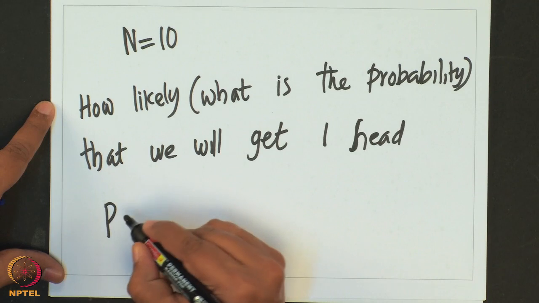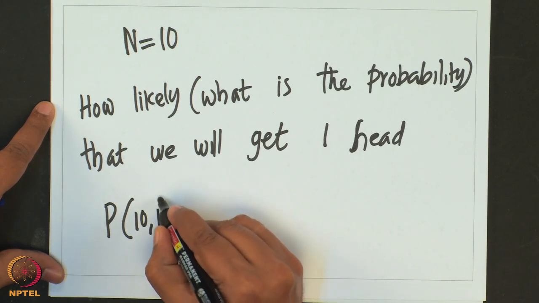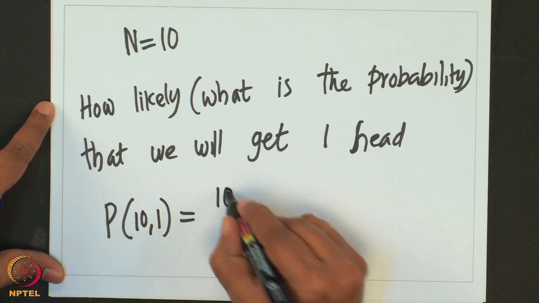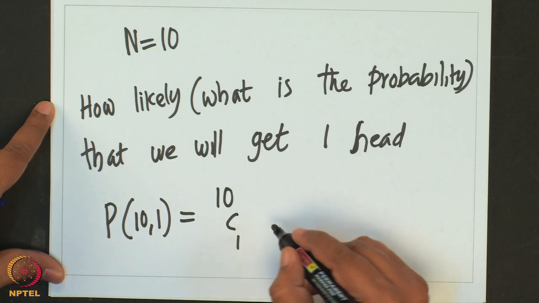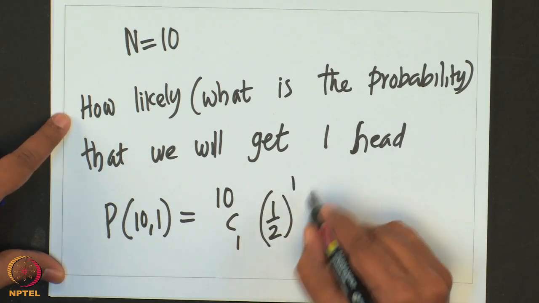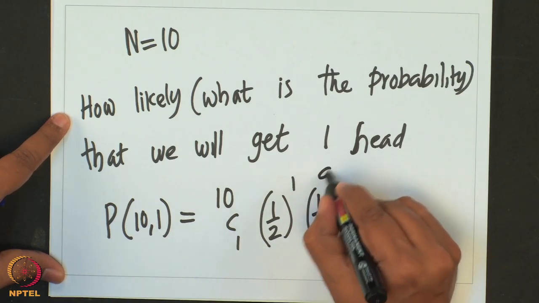This would of course be P(10, 1), and the bias is half here, so 10C1 times half power 1, times 1 minus half, which is also half, power n minus k, that is 9.